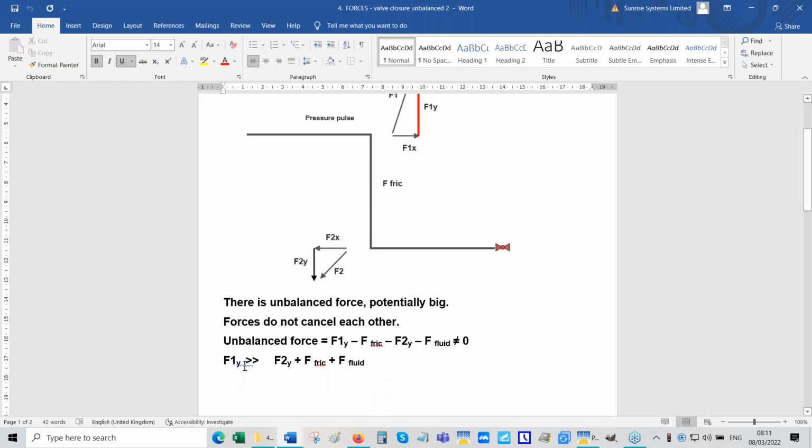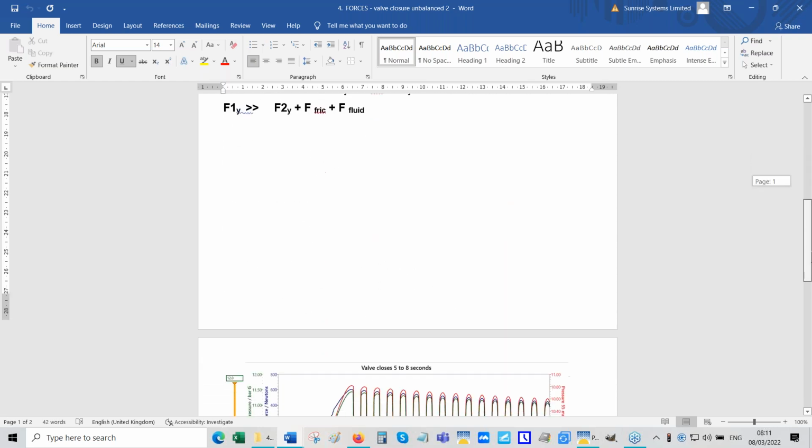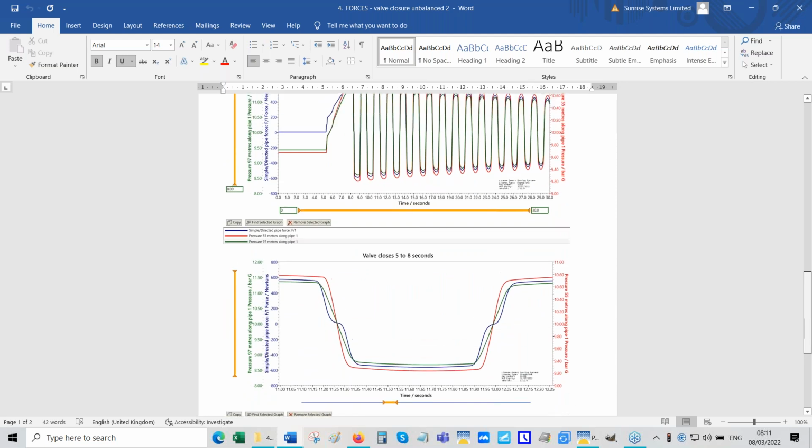See now, F1y, if I move these to the other side, is much greater than the other terms added together. That's what I would expect to see. We'll just see that in just one moment.